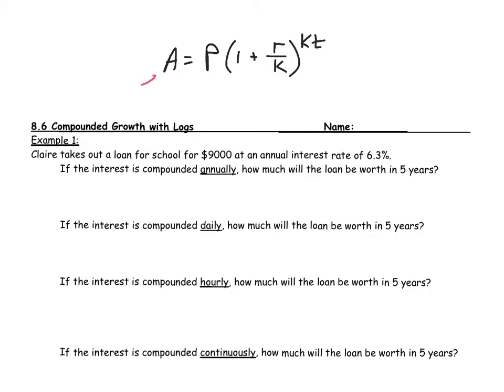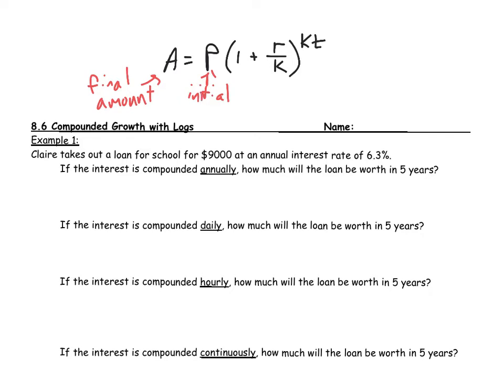So real quick, this is my final amount after a certain time period. This is your principal, this is your initial amount.